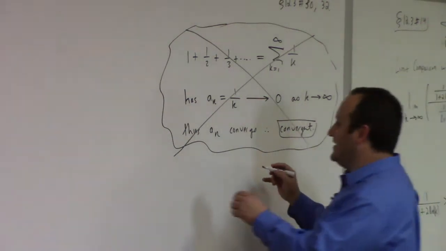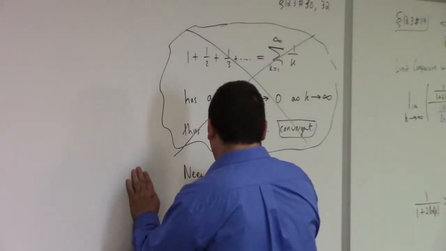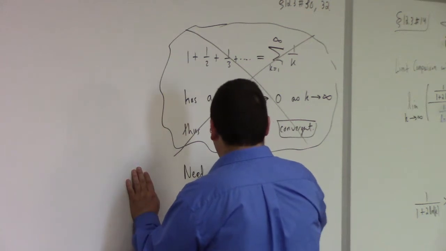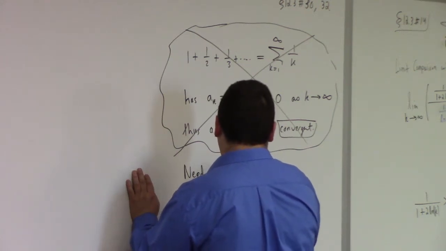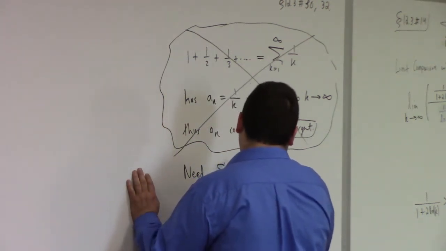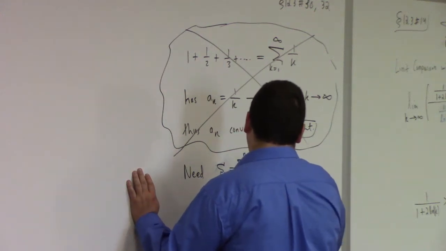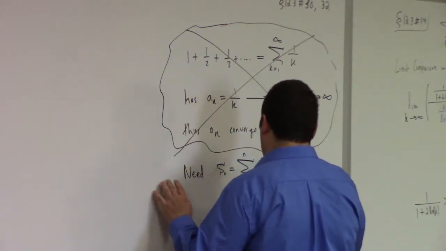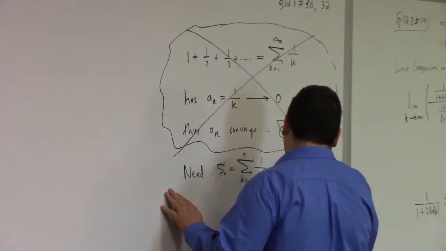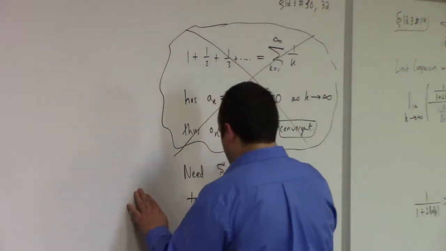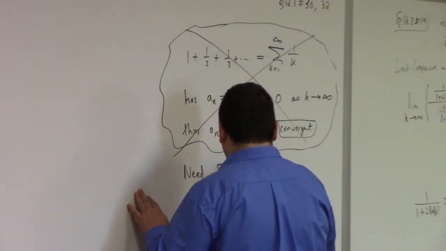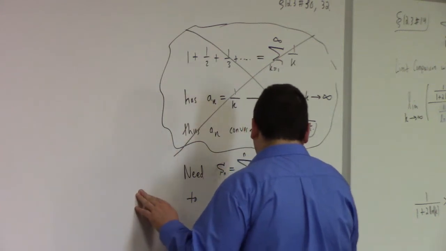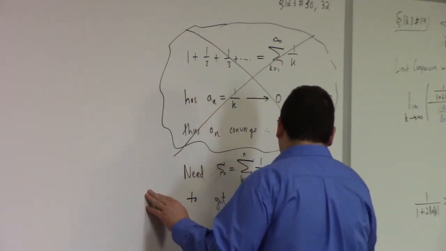Because what you need is S_n, the sequence of partial sums, the sum from k equals 1 to n of 1 over k. You need this to converge to get convergence of the series, right?